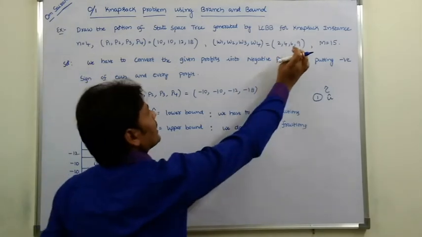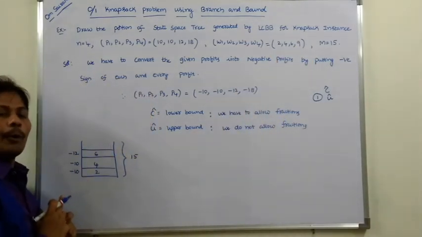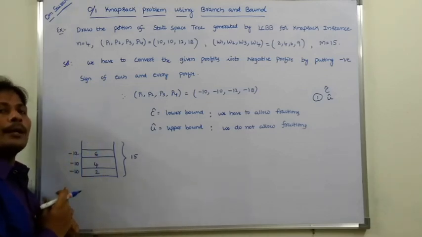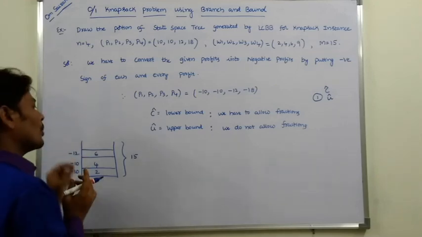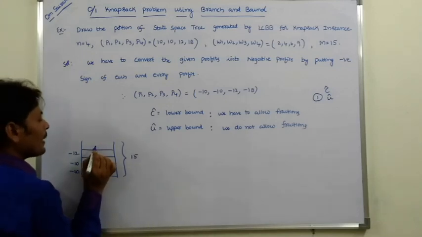But the fourth object weight is 9, and the remaining capacity is 3. So the complete object is not placed into the knapsack. Only a part of the object is placed into the knapsack. So a fraction part can be calculated. What is the remaining capacity?